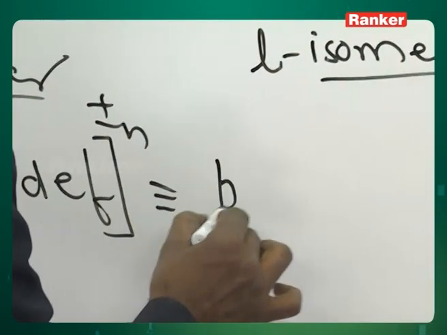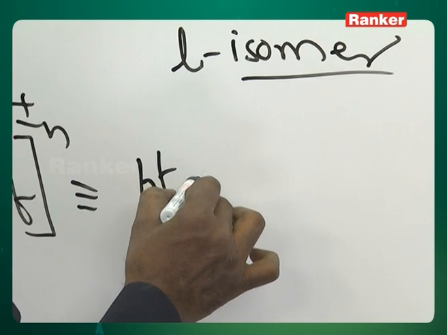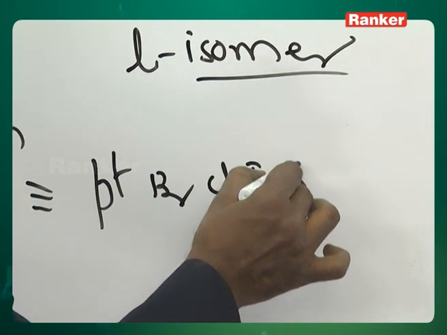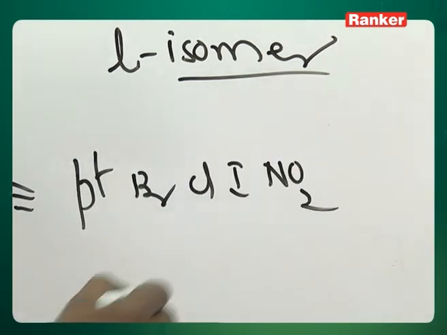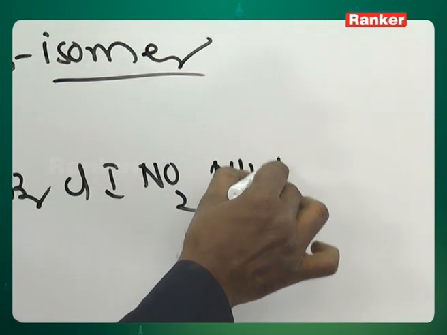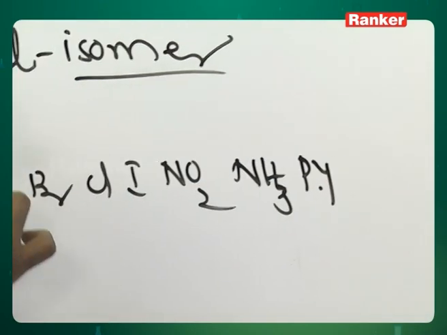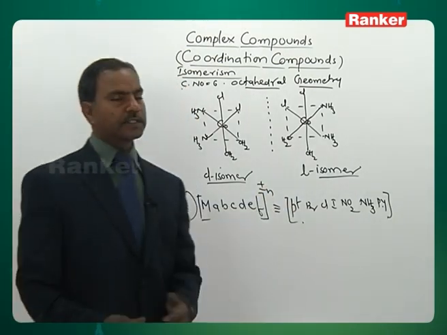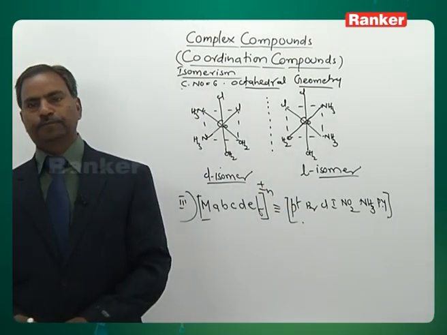Take a real example: platinum with bromide, chloride, iodide, NO2, one NH3, and pyridine. This is the complex.